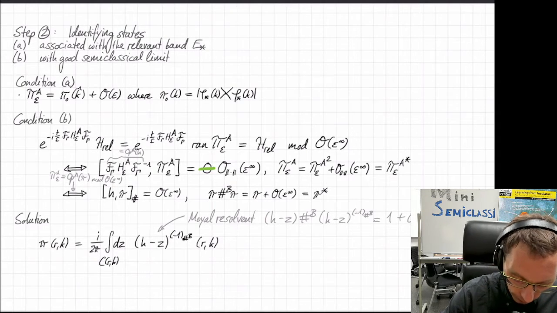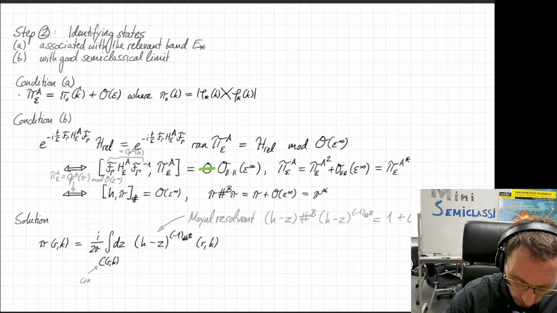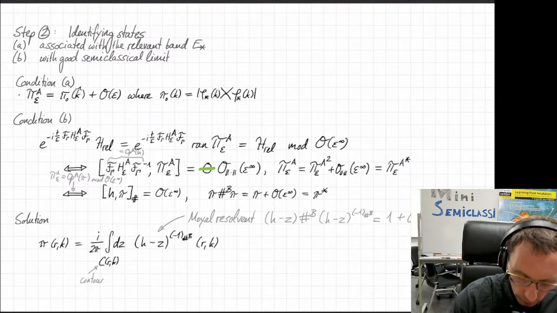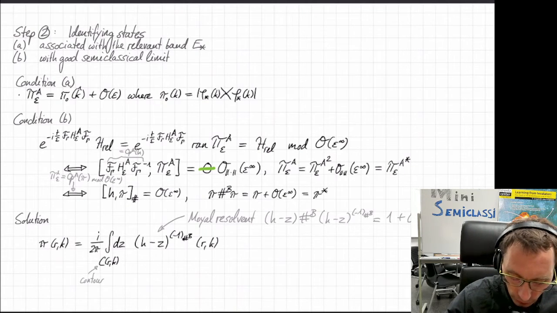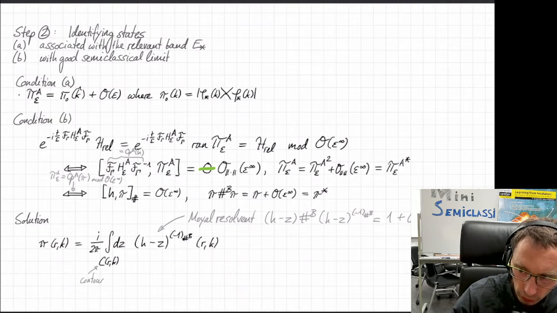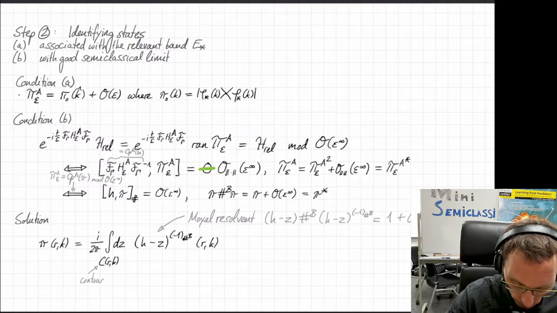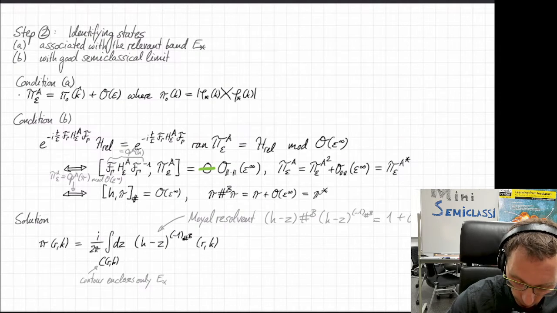And C of R and K, that's a contour. And this contour only encloses E star of K plus phi of R.